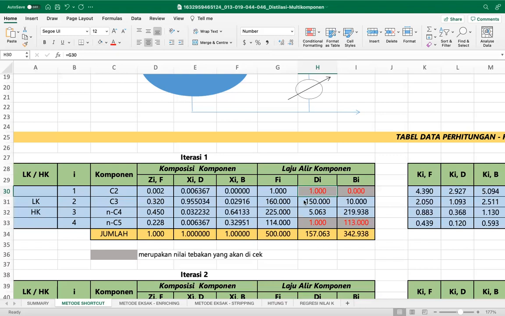160, 150 goes into the top one, so I would guess that for the one that is more volatile, because C2 is more volatile, maybe all of it goes to the distillate.